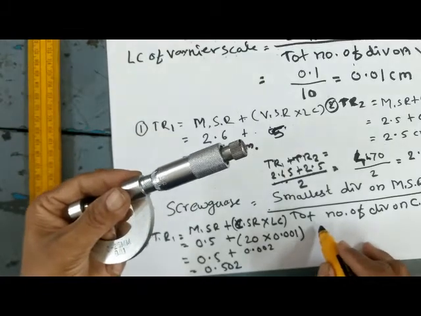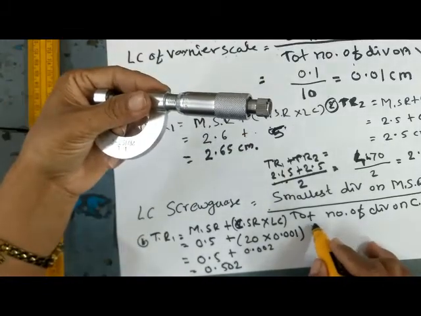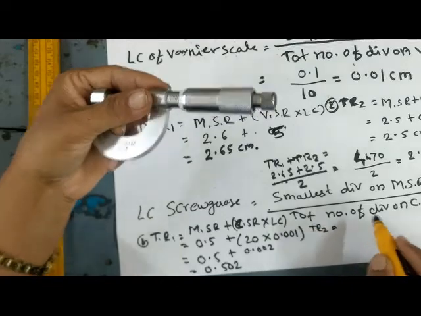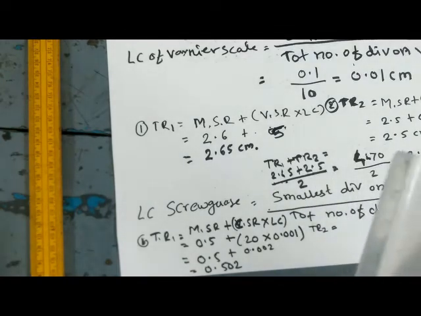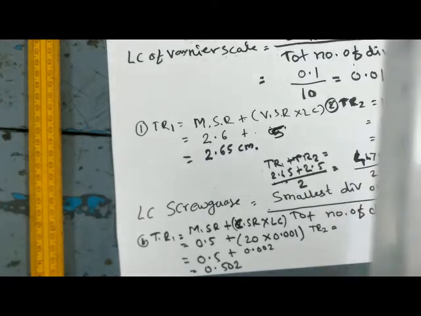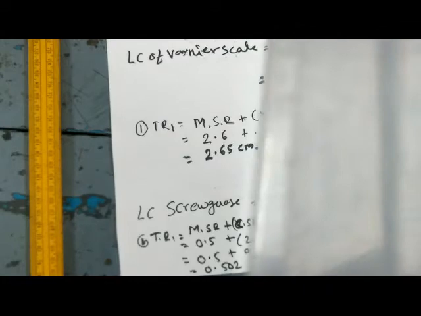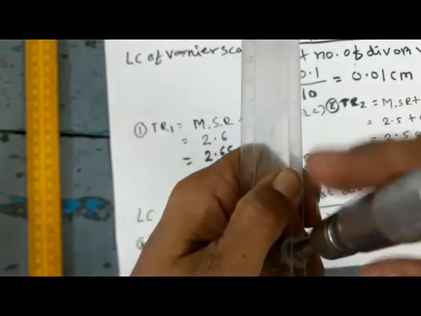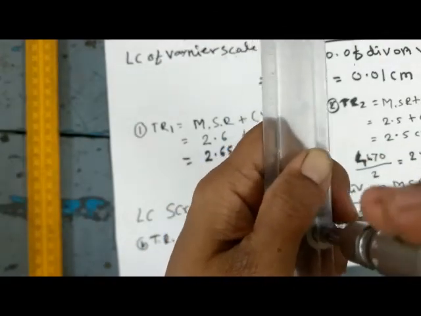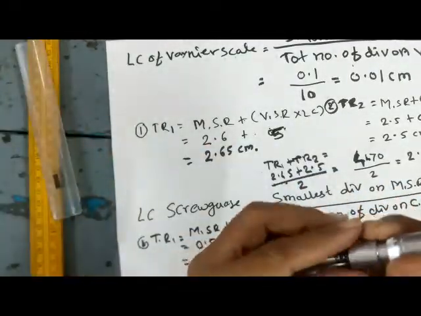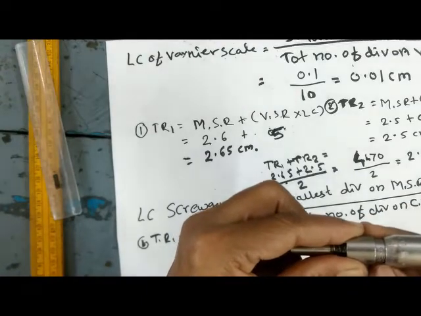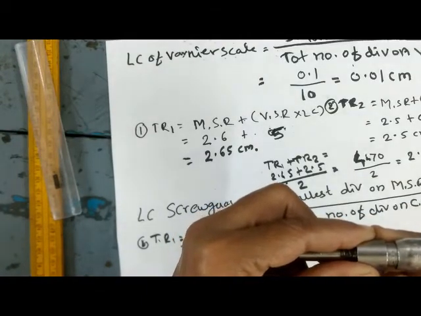Second reading is, we get the thickness of this scale, another scale. See, in this case the third line is coinciding at the head.